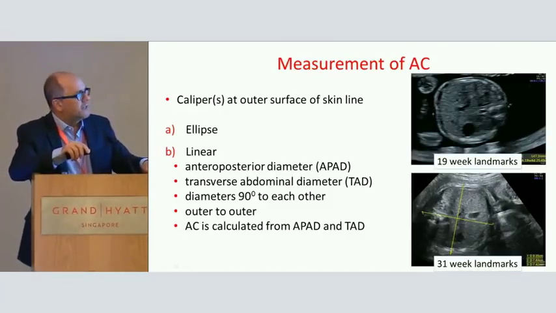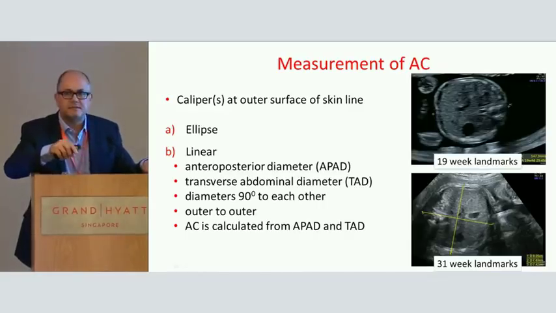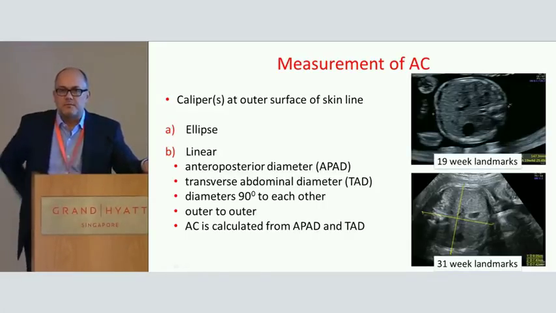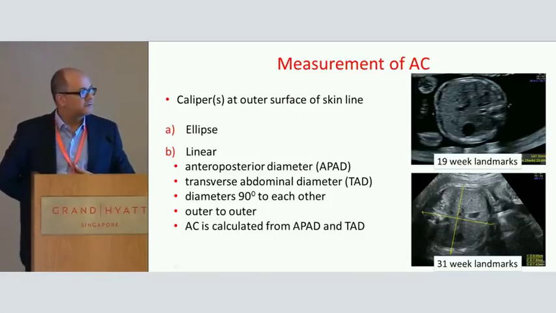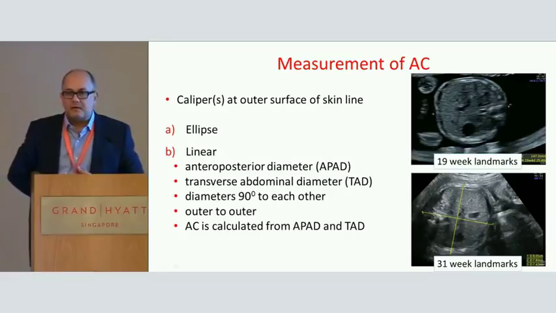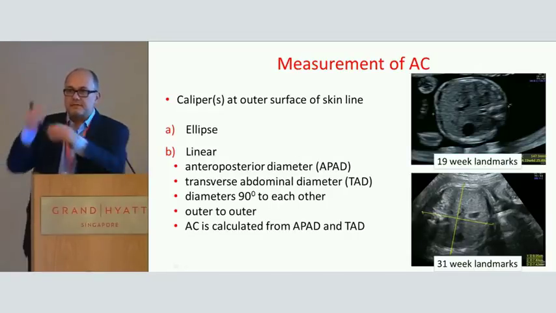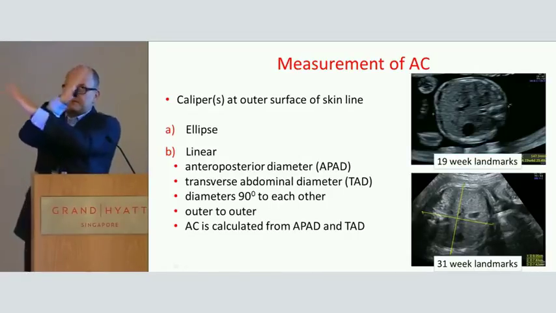Now again, like we did with the head circumference, we can fit an ellipse onto the AC, like we do here. And if we don't have an ellipse function, we can put two diameters. One goes antero-posterior, so from the back of the spine to the front of the abdomen, and the other one has to go transversely. And these two diameters should be at right angles to each other.